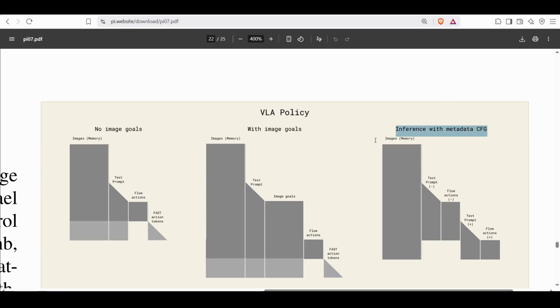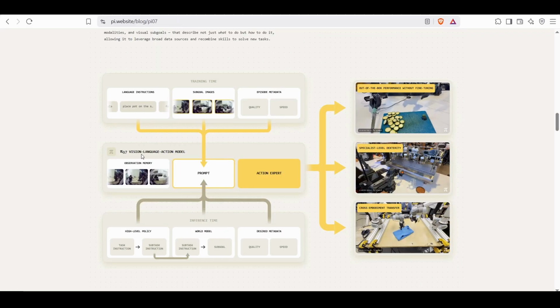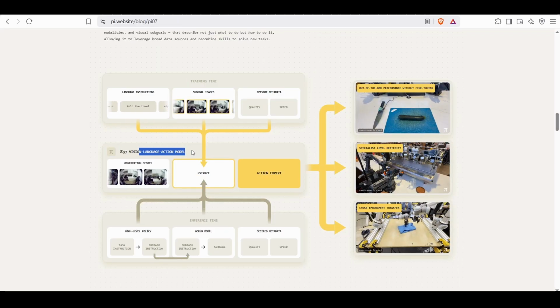So this would be Z, and this type of structure needed a different A. It needed me to build my vision language action model in a certain way to be able to accommodate that. So I didn't really get full coherence with that.